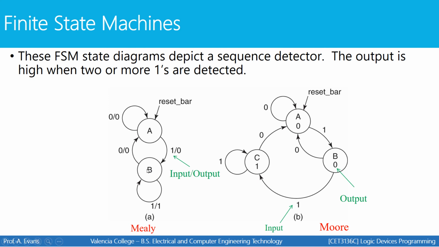And I stay in this state as long as 1s continue to be sent into the input. And the output will continue to stay high, showing that there's a sequence of 1s.